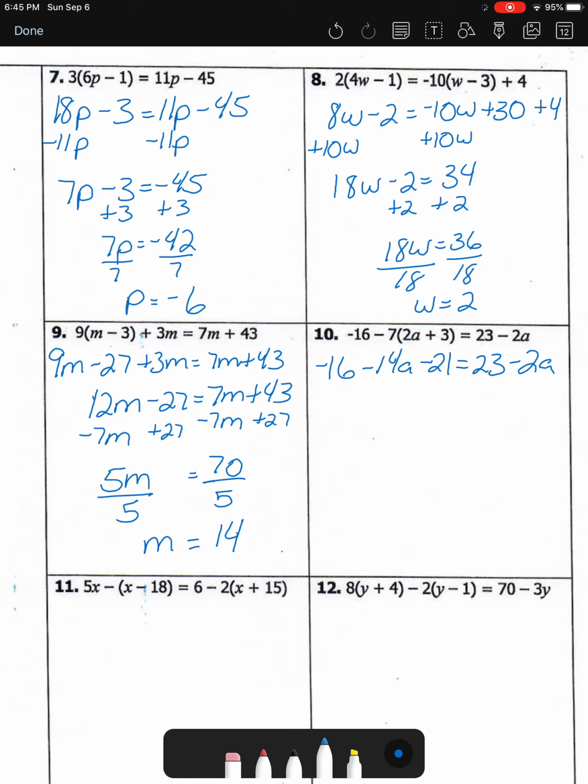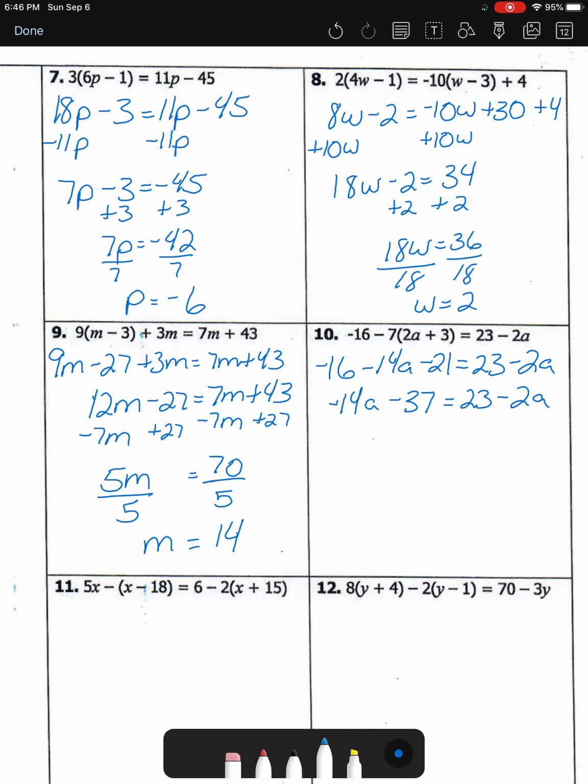So negative 16, negative 14a, minus 21, we distributed it correctly. A little sidetracked right now, so hopefully we did that right. So I'm going to go ahead and write this first, negative 14a. Got a negative 16 and a negative 21 to give me a negative 37. We've got 23 minus 2a sitting over here on the right.